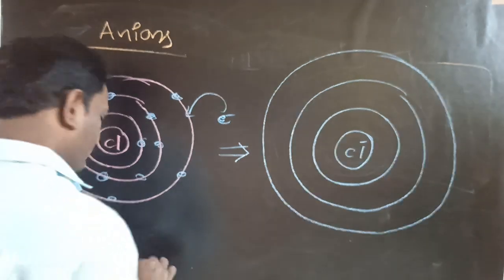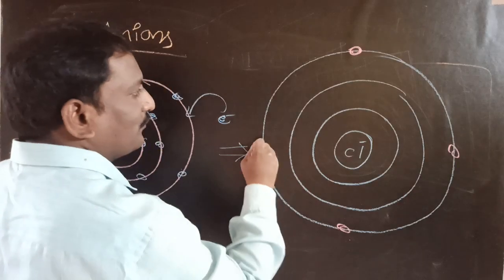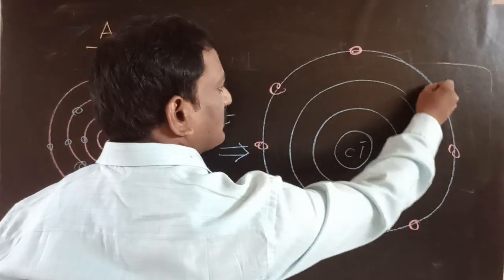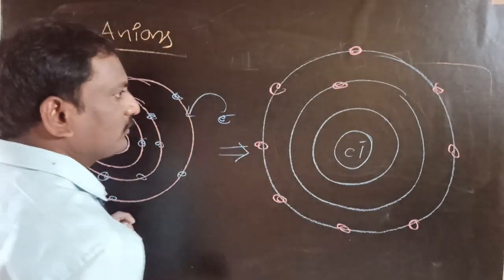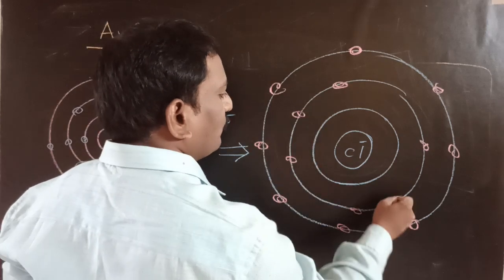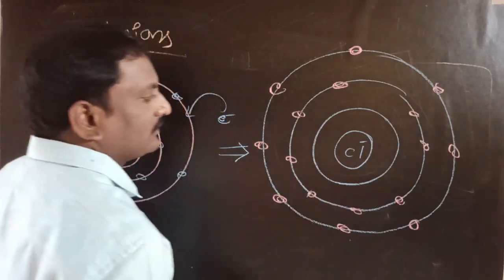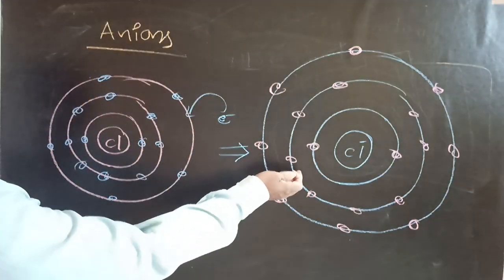The outermost shell will have 8 electrons: 1, 2, 3, 4, 5, 6, 7, 8. Second shell also 8. First shell 2. Gain of electrons is taking place.